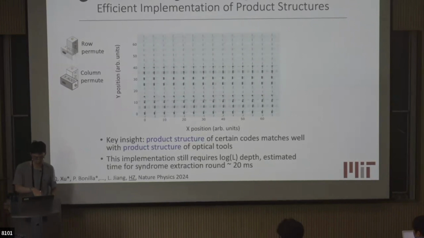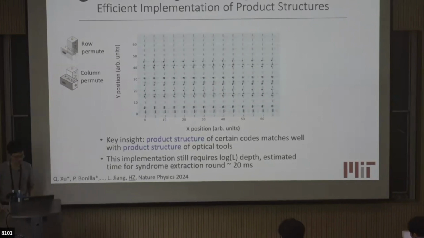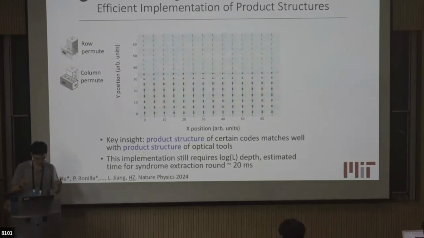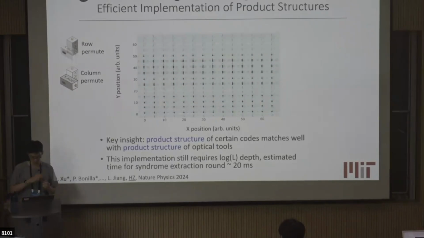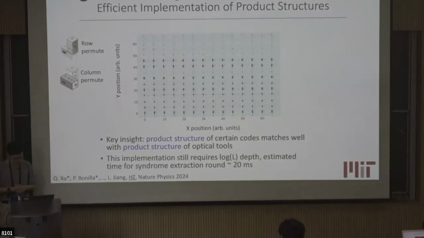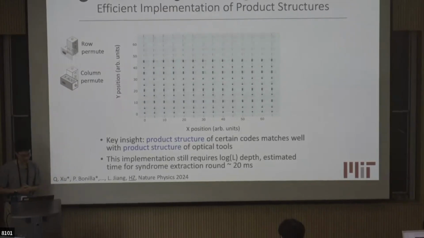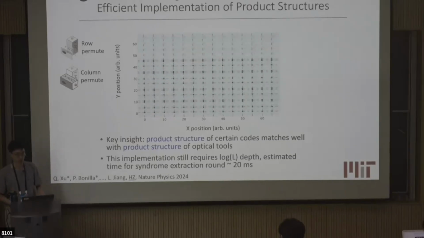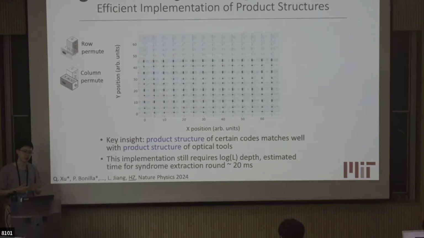If you look closely here, we're working on smaller and smaller subblocks and doing the sorting. The generic algorithm to do this implementation still takes like 20 milliseconds or so to do one of these syndrome extraction rounds. And so this log L depth, even though nominally it's okay, is still something that you would like to cut down further.